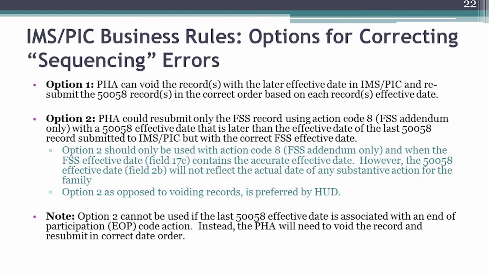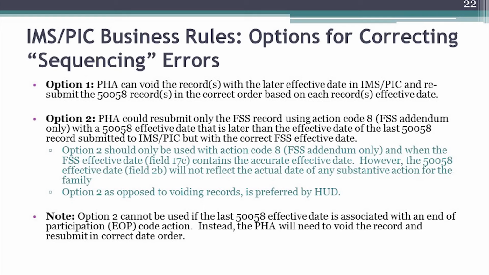If PHAs encounter these sequencing errors, there are 2 options for correction. Option 1 is the PHA will need to void the record or records, and then go back and resubmit the previous records in the correct order based on the 5.8 effective date.